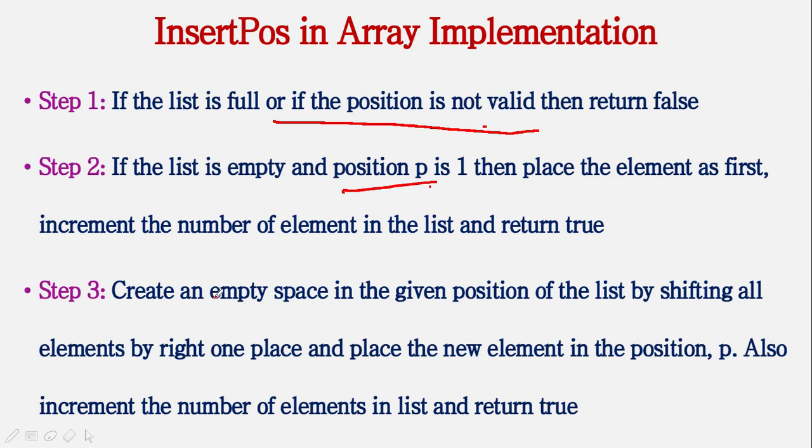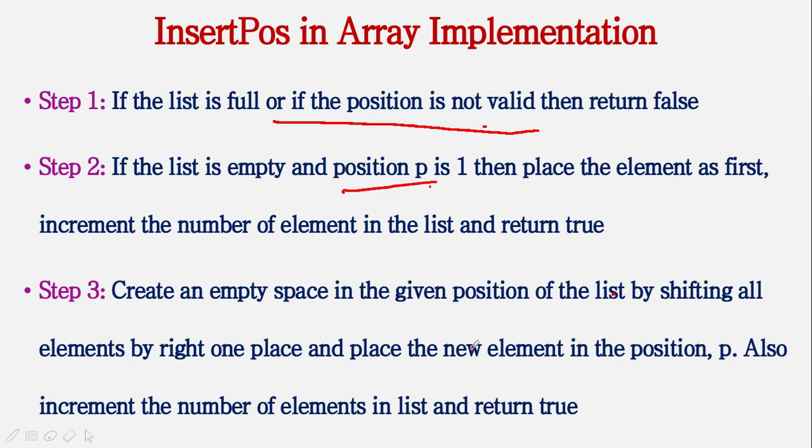Otherwise, what you have to do? You have to create an empty space in the given position of the list. For example, if the function is called with position as 3, then you must make the third space free, and then place the element there. So you will be shifting all elements from the end of the list right by one place.